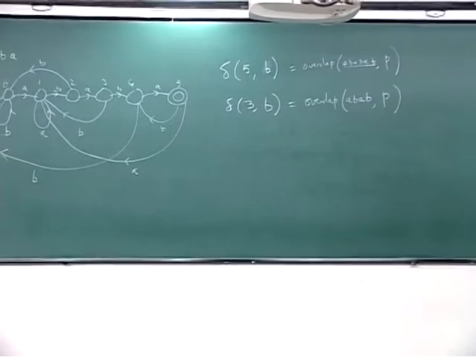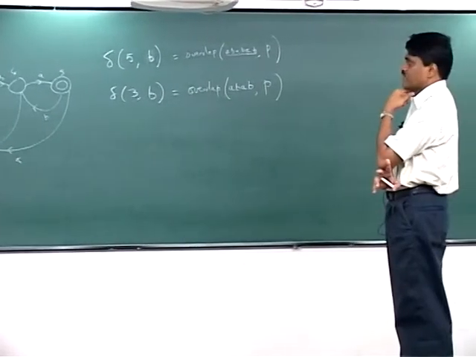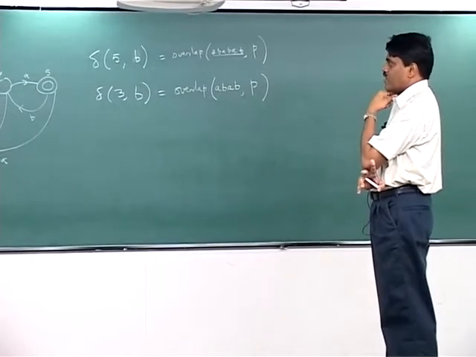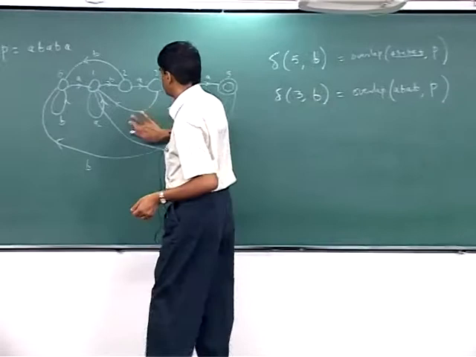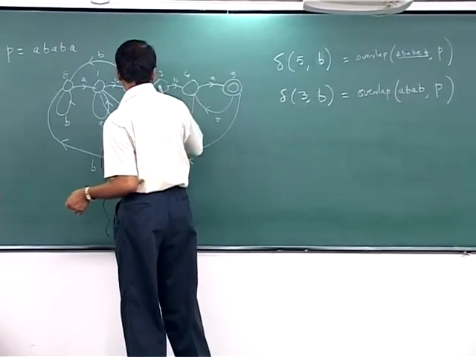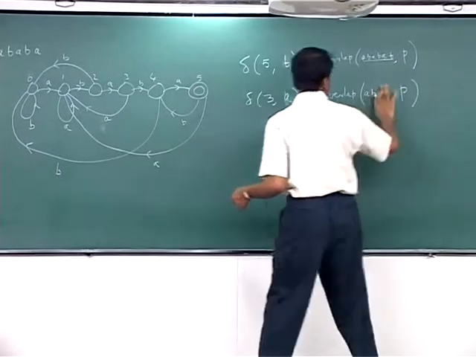If I did not make a mistake, then 3 to 1 should be A, okay, because with B you are going here.